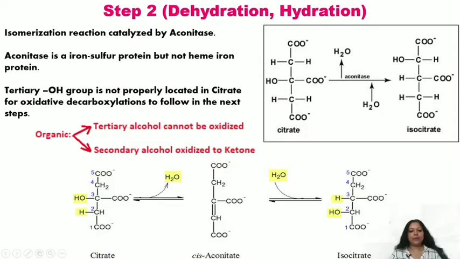So first, dehydration: the water molecule releases by taking hydroxyl group from the carbon number 3 and hydrogen from the carbon number 2, leaving a double bond between carbon number 3 and carbon number 2, as you can see here, which gives rise to the formation of this intermediate, termed as cis aconitate, correct?